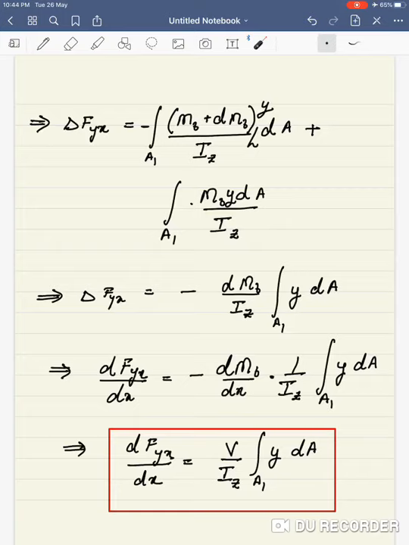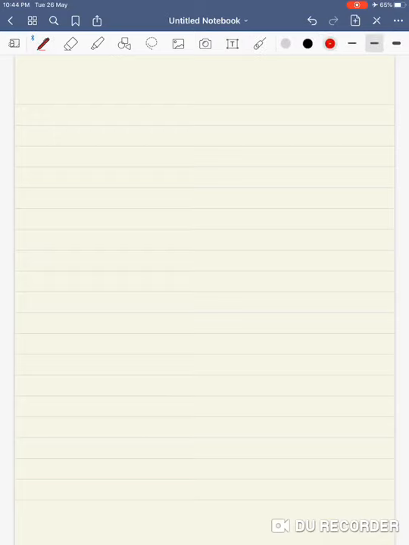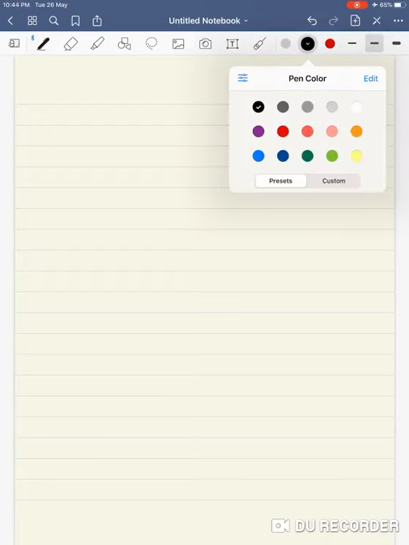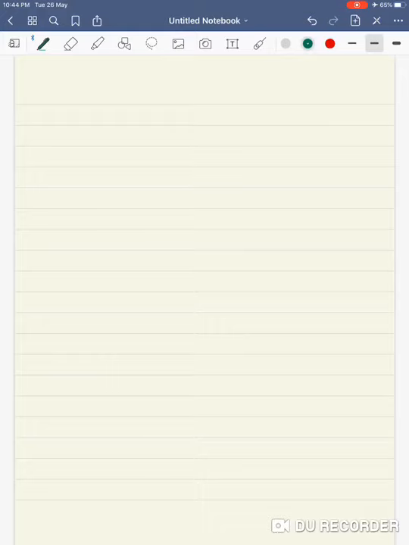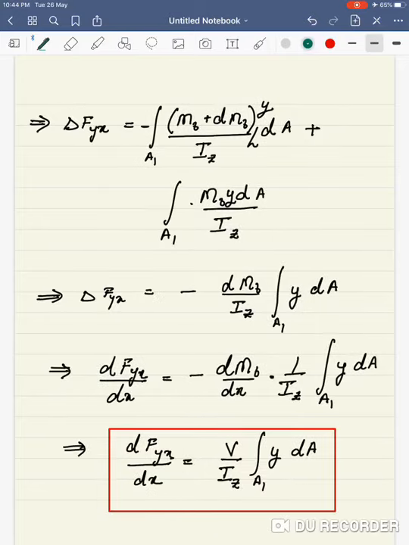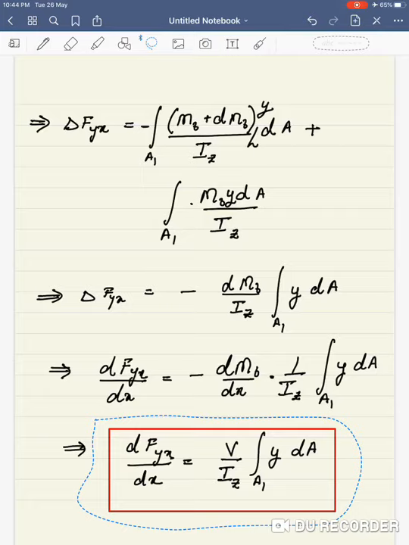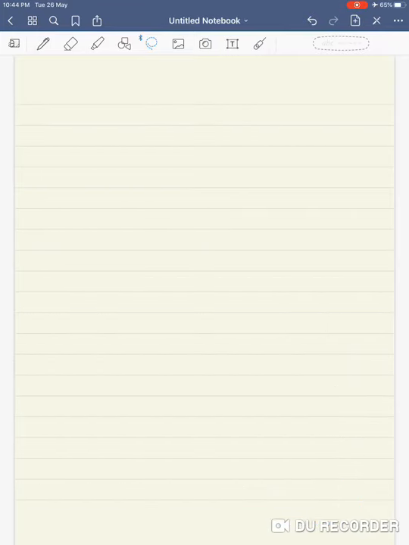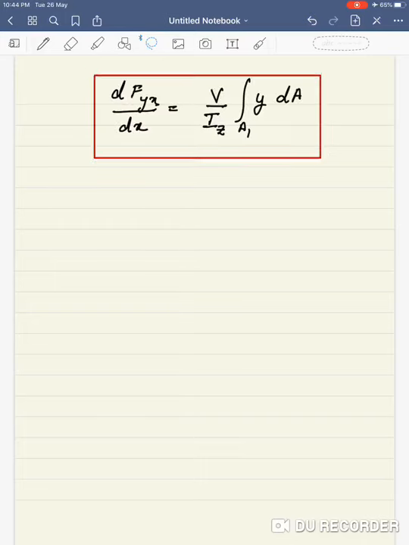So this particular term, in mechanics, a lot of people call this term, okay, I'm just going to write this equation all over again. Okay, good.